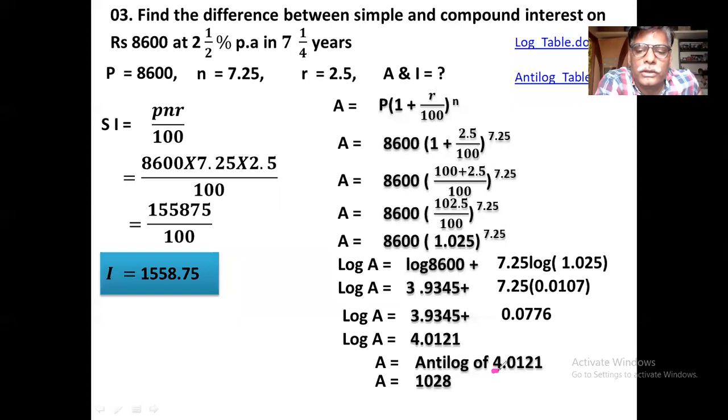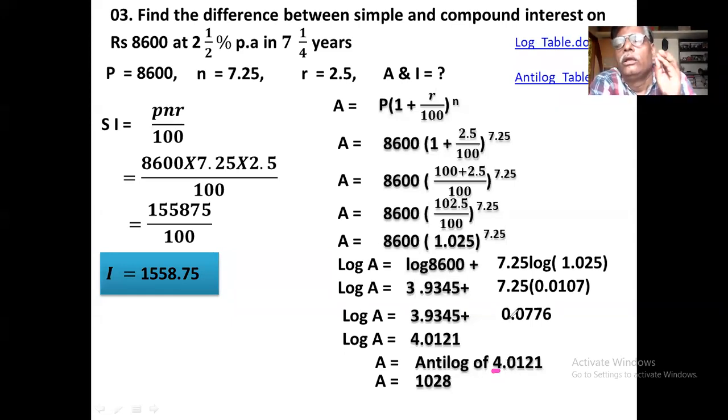Then in logarithm, while looking at the logarithm table, we reduce 1. And to know the real number, you have to add 1 to the characteristic. Remember this.